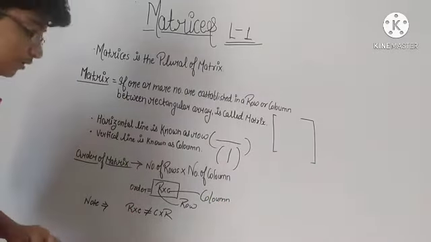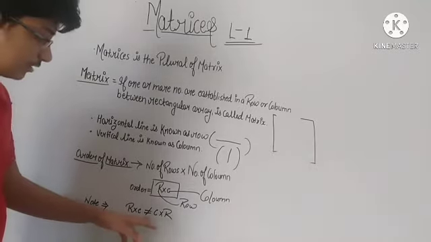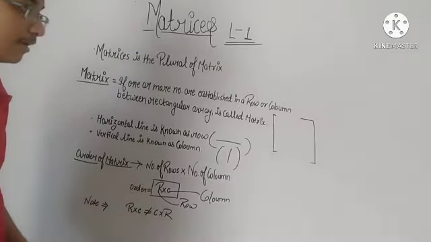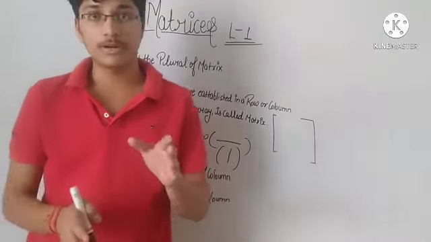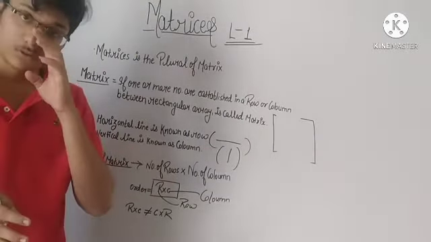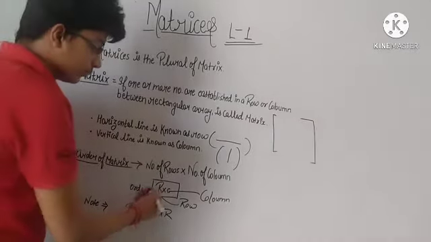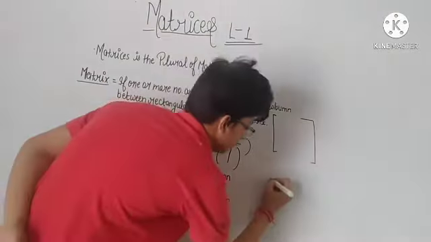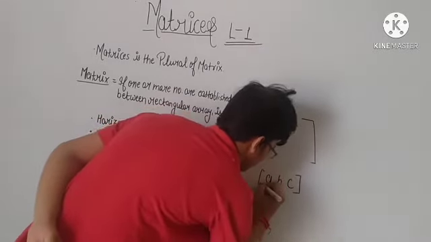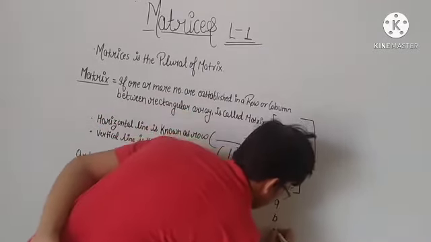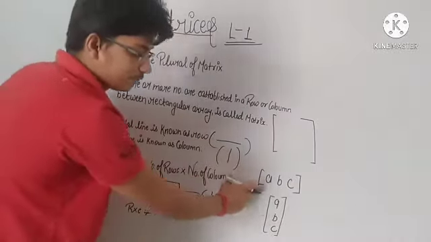And the most important point, which is the note: R into C, row and column, does not equal column into row. मतलब कि इसमें हम रो और कॉलम को मल्टीप्लाई कर सकते हैं, लेकिन रो एंड कॉलम हमें कभी भी कॉलम और रो के मल्टीप्लाई के इक्वल नहीं होता है। It is row and it is column.